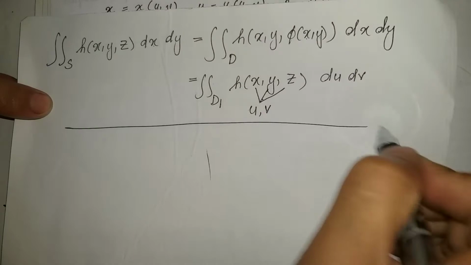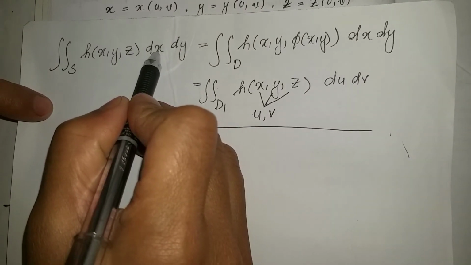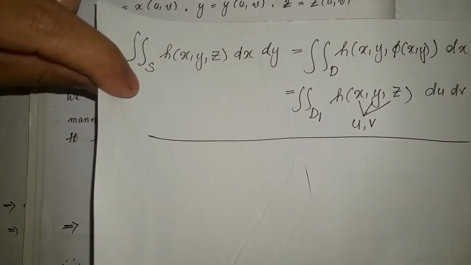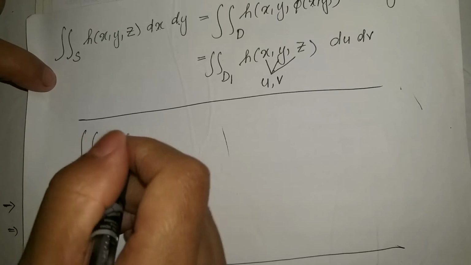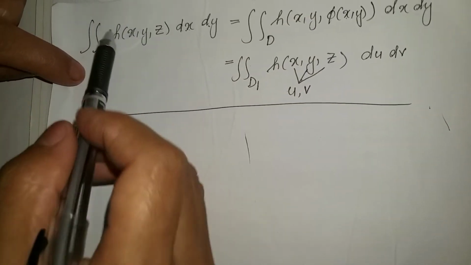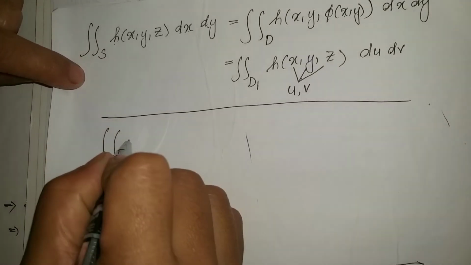But remember, x, y, and z we should express in terms of u and v. Similarly, if it is dy dz, let me not write h, but let me use a different function f.